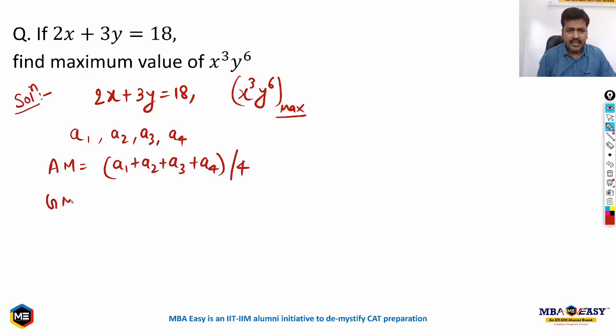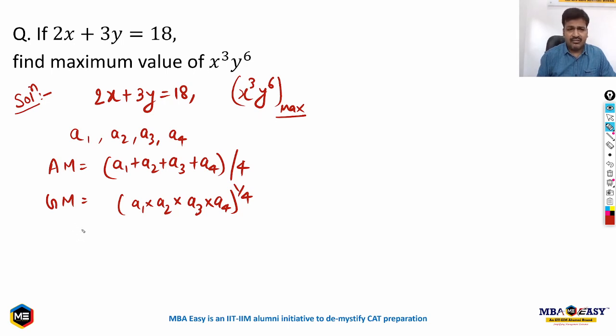And there's something called geometric mean, which is A1 into A2 into A3 into A4 whole to the power 1 by 4. Had there been 5 quantities, the geometric mean would have been the product of 5 quantities raised to the power 1 by 5. Had there been n quantities, the geometric mean would have been the product of all the n quantities raised to the power 1 by n. And the arithmetic mean would have been the sum of all the quantities divided by n. Okay, so this is arithmetic mean and geometric mean.